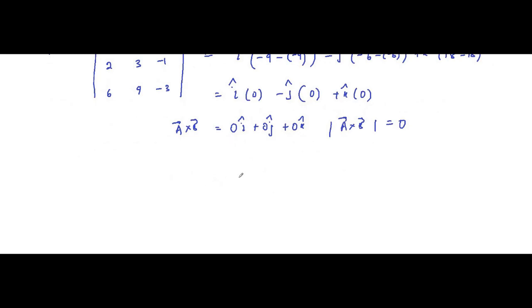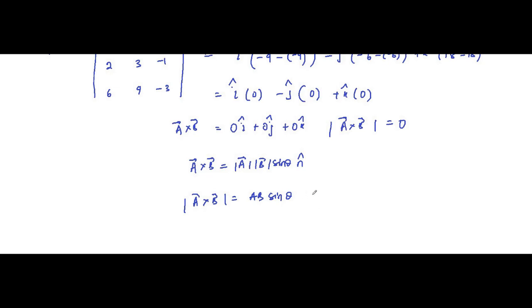The basic definition of vector product or cross product says that a vector cross b vector is represented as a b sine theta n cap, where n cap is the unit vector perpendicular to a vector and b vector. The magnitude is given as the modulus of a vector cross b vector, which is a b sine theta.